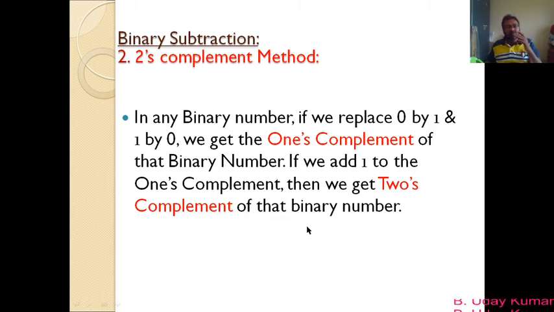In the twos complement method, you have to write the ones complement also. So first, if a binary number is given to you, you have to write its ones complement, and to that ones complement, if you add 1, then you get the twos complement. So this is the twos complement method.